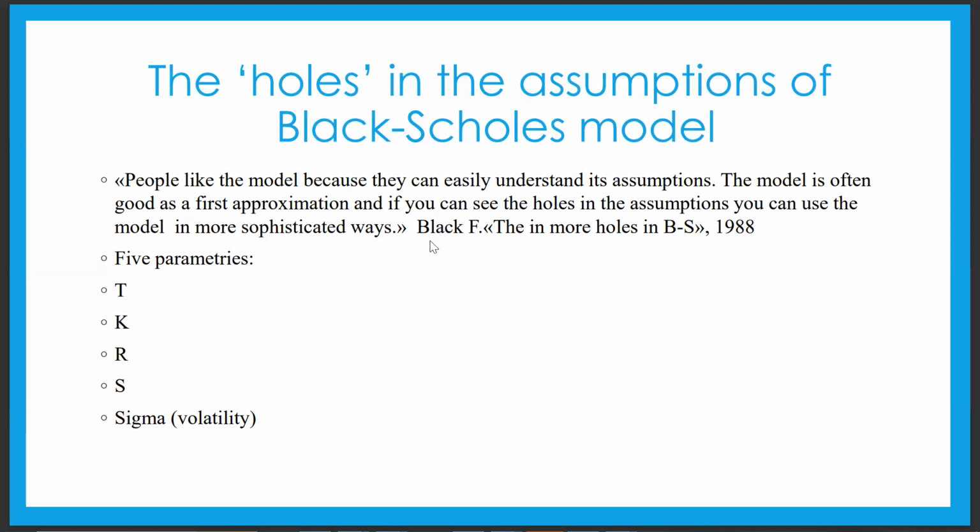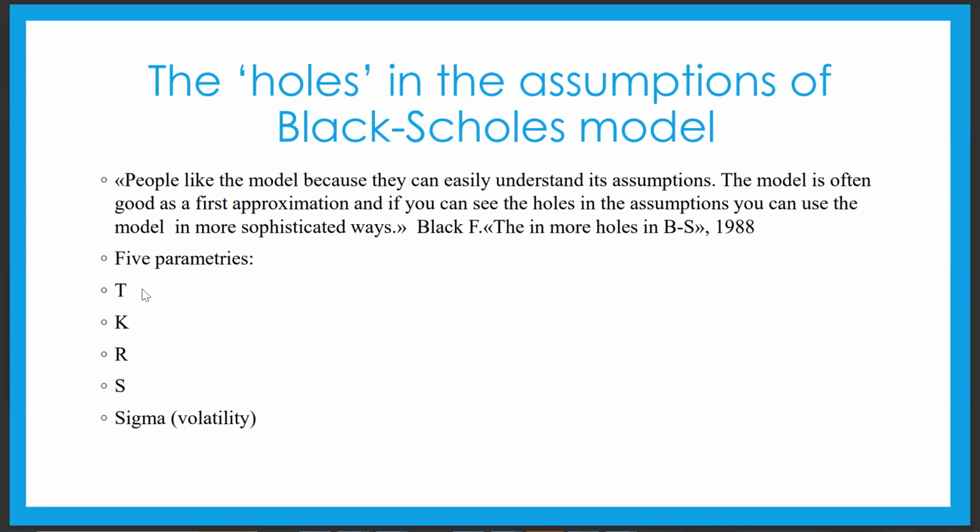Even Black, the author of the Black-Scholes model, wrote this. So we have five parameters, and at first glance, all these parameters are fixed, predetermined. Maybe only sigma isn't so.